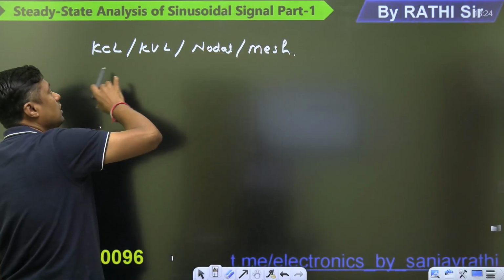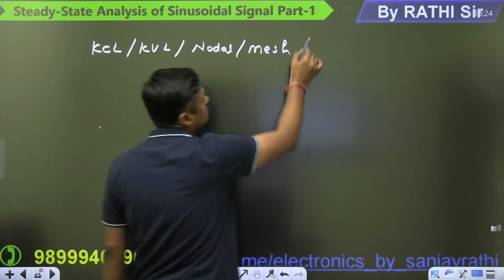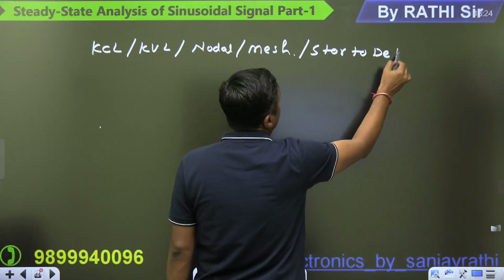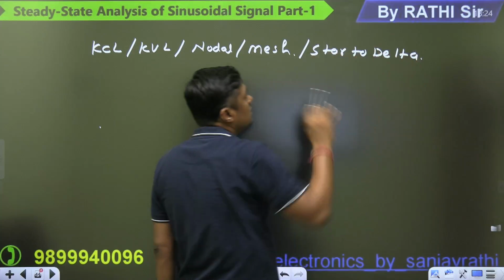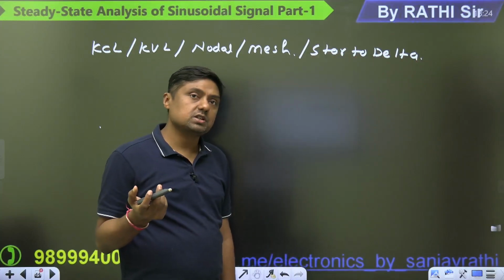We are using all these methods: KCL, KVL, nodal, mesh, star delta conversion or delta to star. Same logic we are going to use, but here we have to convert the inductor and capacitor in star to delta.